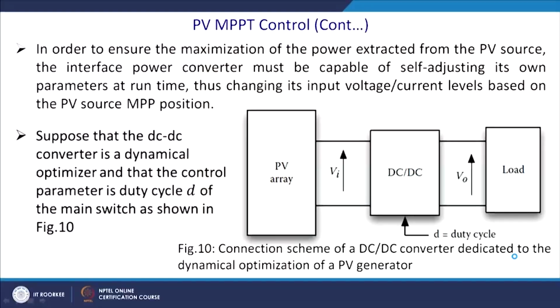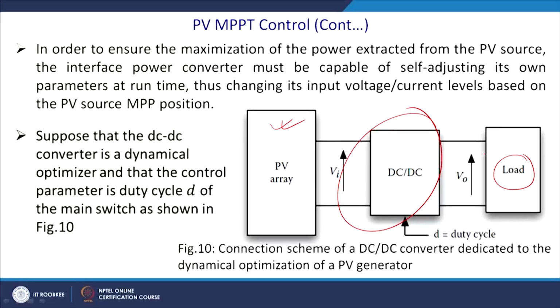So, for this reason you have a DC to DC converter in between, and that will feed the load, and generally it will be maintained at the MPPT voltage. It is called a reverse converter because you want to fix the input voltage and your output voltage will remain constant.